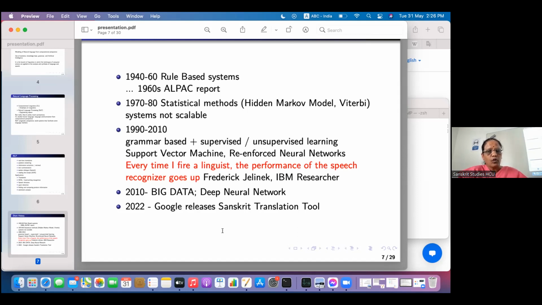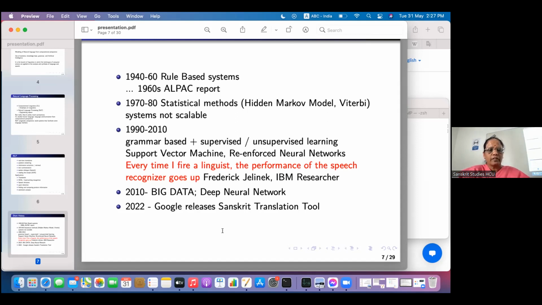Actually, the hidden Markov model and Viterbi algorithms were used in speech recognition, and they found them very successful. After that, the same statistical methods were used for languages also.